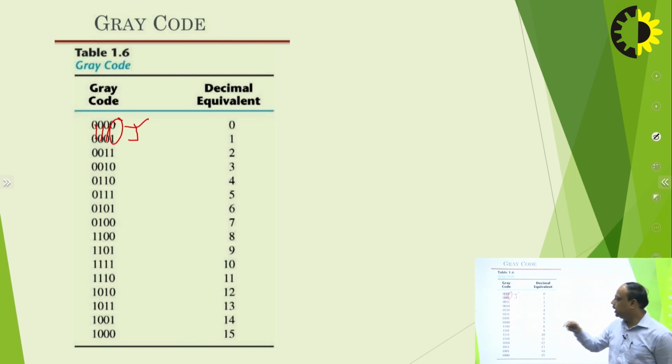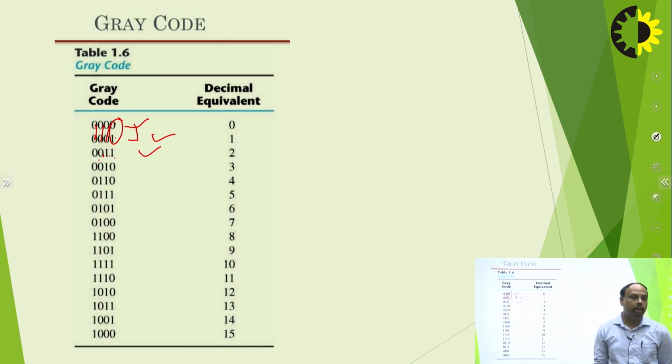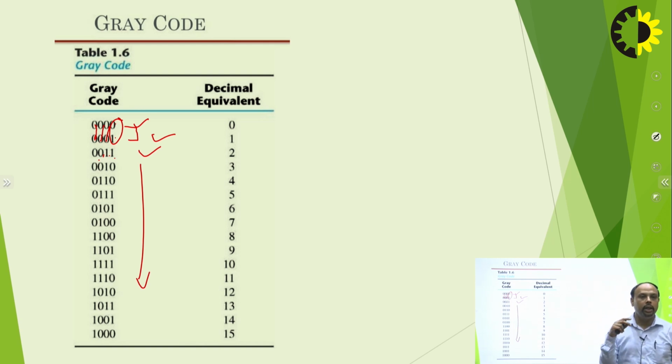Similarly, if we compare code 1 and code 2, the first two bits are the same, only this 0 is converted into 1. So again there is a 1 bit difference. In the Gray code, as we can see over the complete list, between the previous and the existing code, there is only a 1 bit difference.